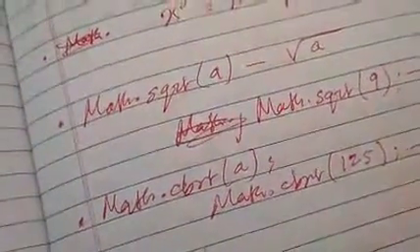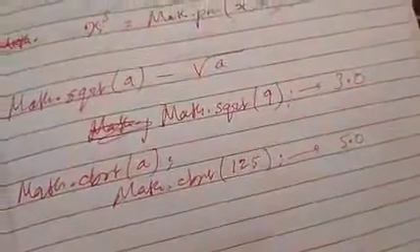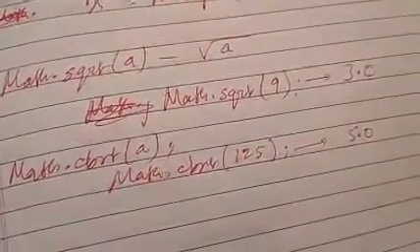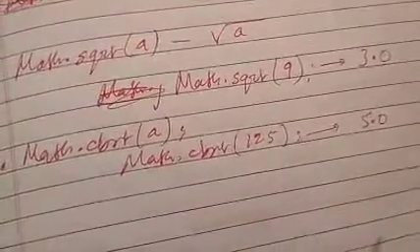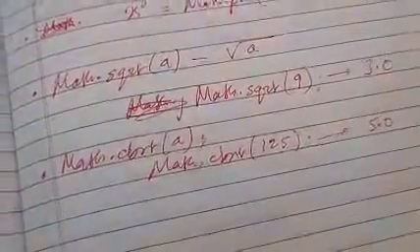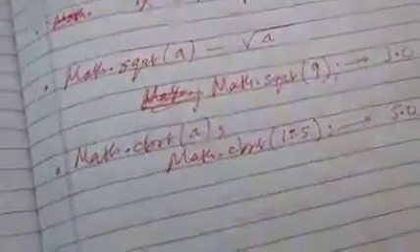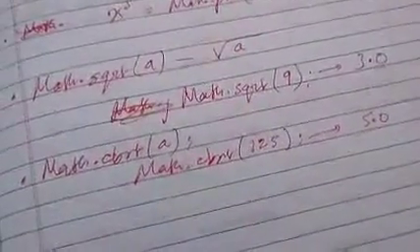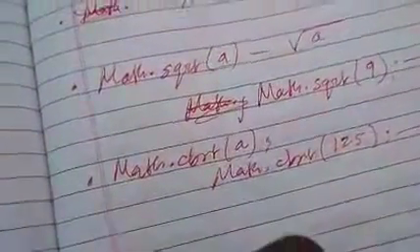This will give us the answer 5.0, that is the cube root of 125. 5 into 5 into 5 gives us 125. Therefore 5 is the cube root of 125, and 125 is the cube of 5, that is 5 to the power 3. We can write that.